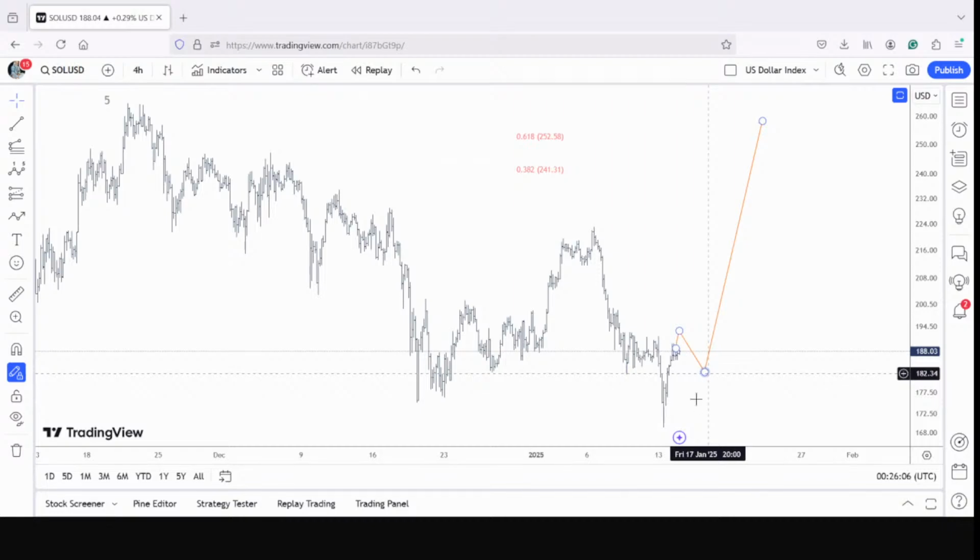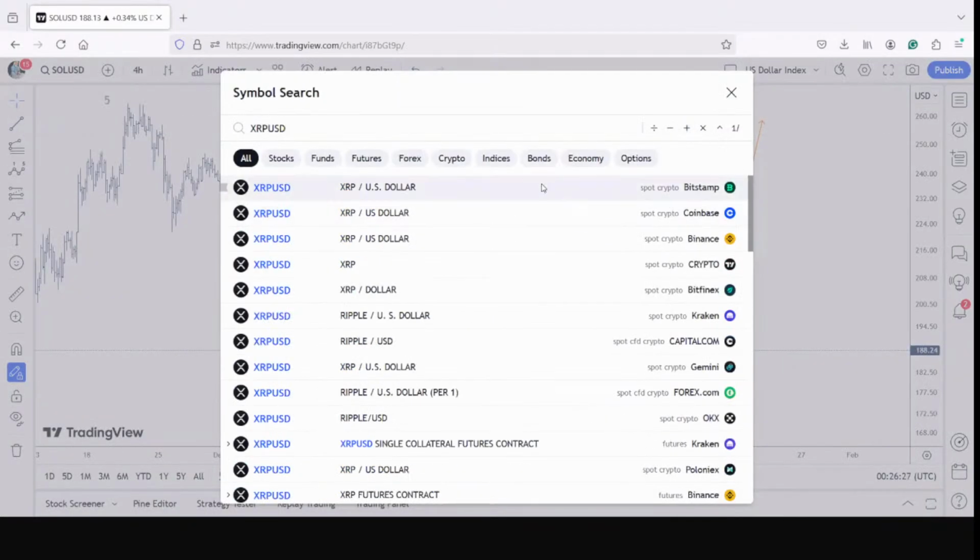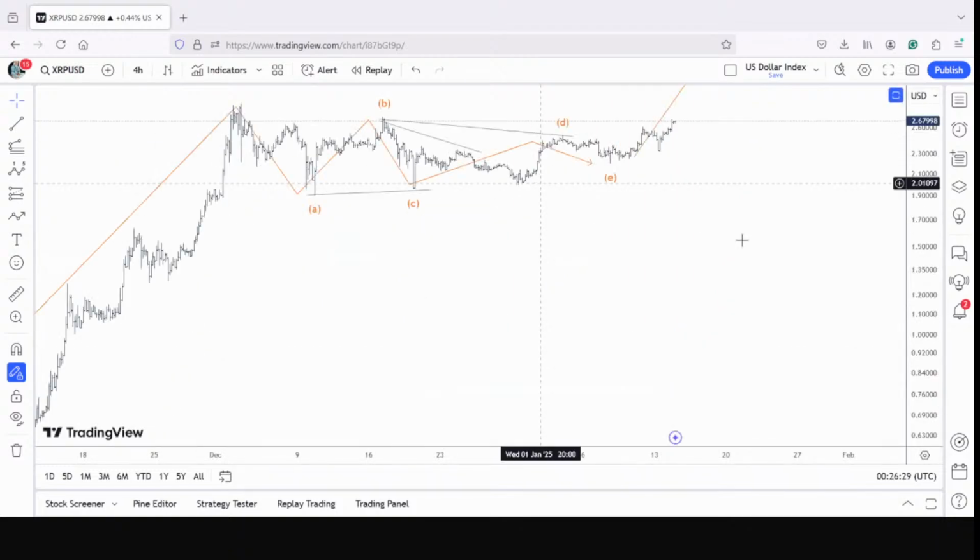Yeah, 182. Stop loss goes just below that 189 mark. We should be good to go 230 and 280 going forward. But that's the last wave, so let's be very careful in handling that. If there's any change, we'll come back and discuss.